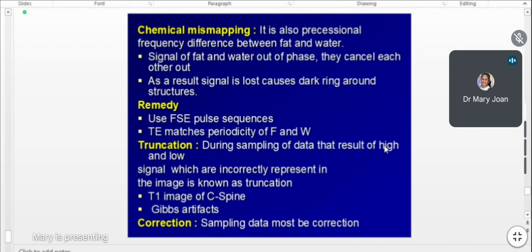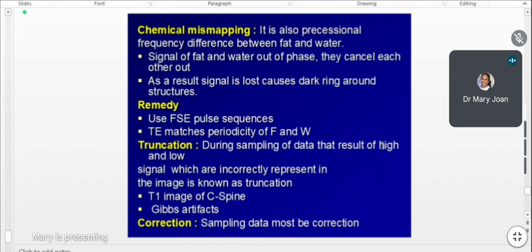And chemical misregistration is also due to the precessional frequency difference between fat and water. When the signals of fat and water are out of phase, they cancel each other out. As a result, signal is lost, causing a dark ring around the structures. The remedy is to use FSE pulse sequences and TE matched periodically to fat and water.